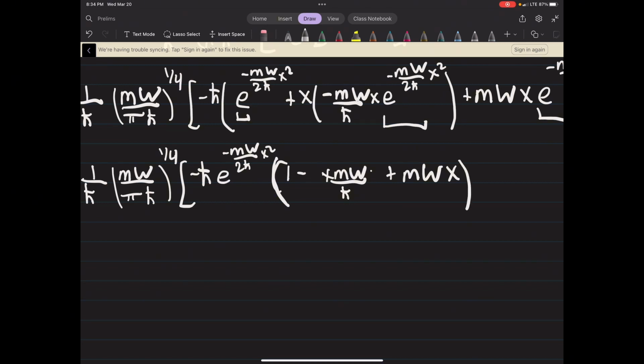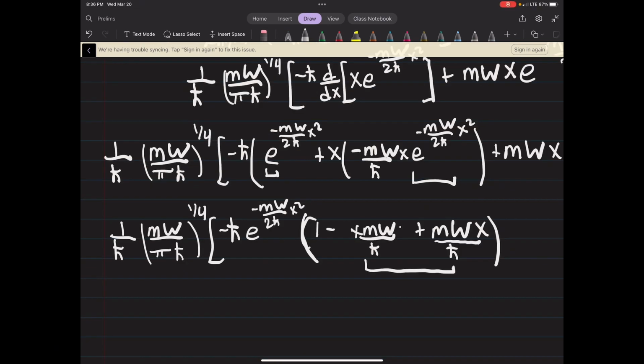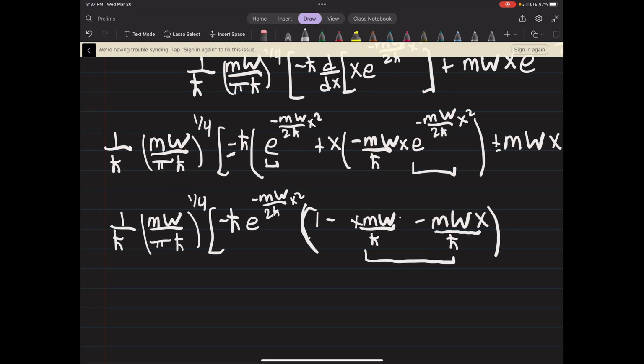But there's also this h bar out front, so I would say we'd want to divide this by h bar. Okay, just a little algebra mistake here that I forgot when I tried to put it all in parentheses, that there was this negative out front. So if we wanted it to be positive, then that needs to be negative. And now we're not getting 0, which is good because we didn't want that.